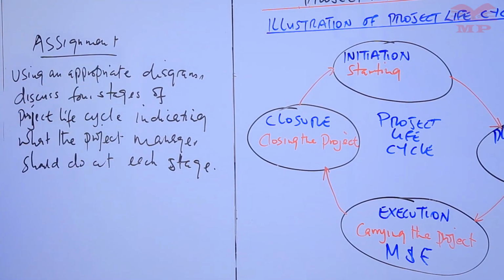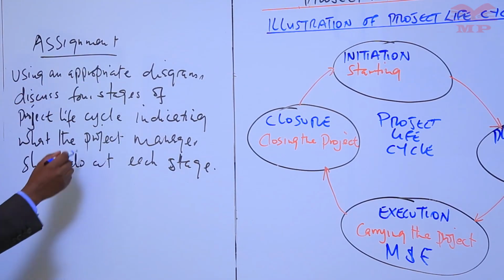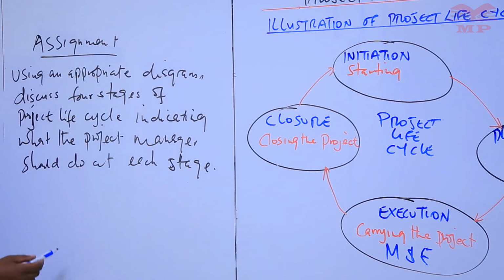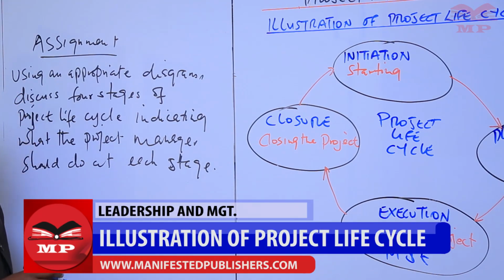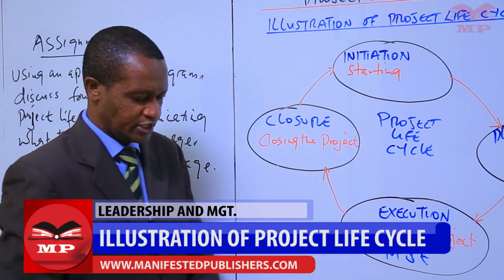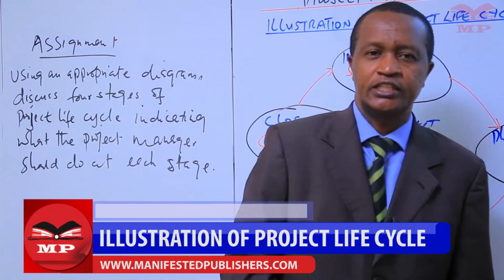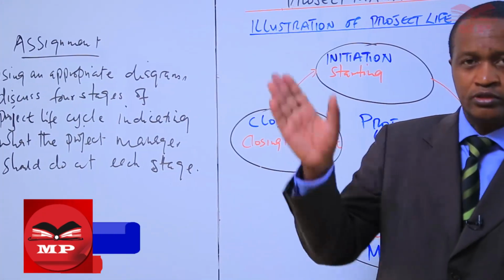Using an appropriate diagram, discuss 4 stages of a project life cycle, indicating what the project manager should do at each stage. Please attempt the question before attending our next session.